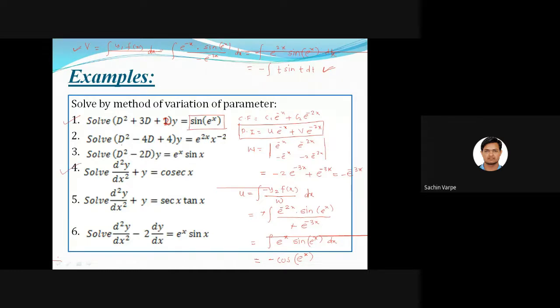Second also we can try, because here this is the expansion of D minus 2 the whole square. Here also the roots are 0 and 2, right? Here also, this also we can try. Here the roots are plus minus i.